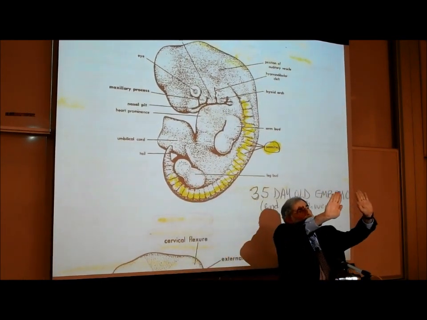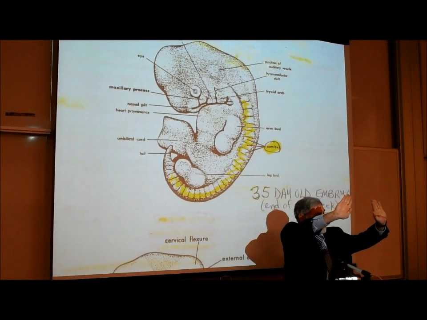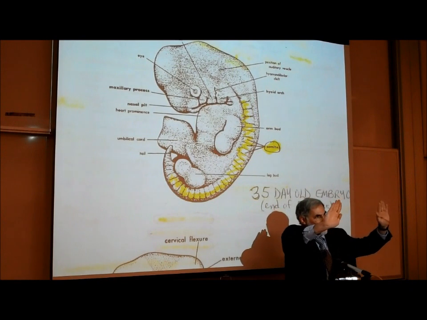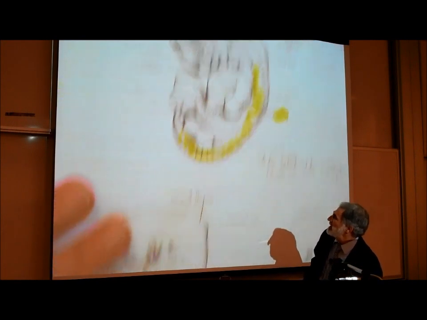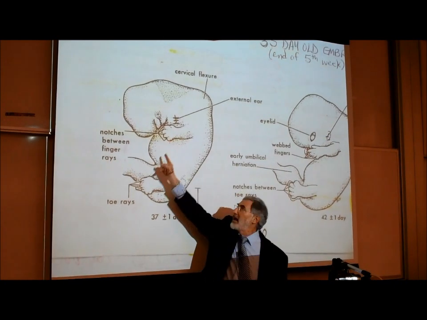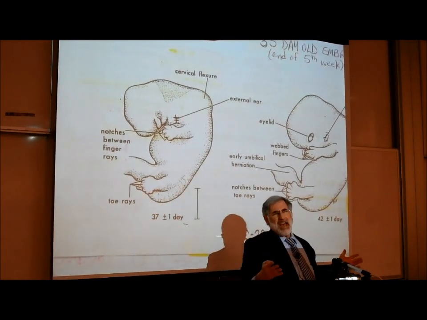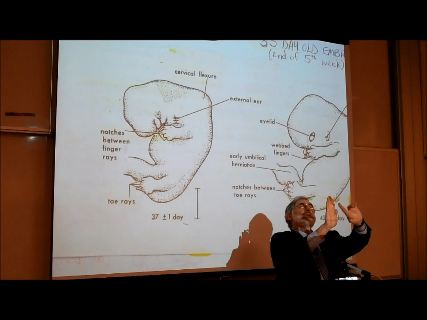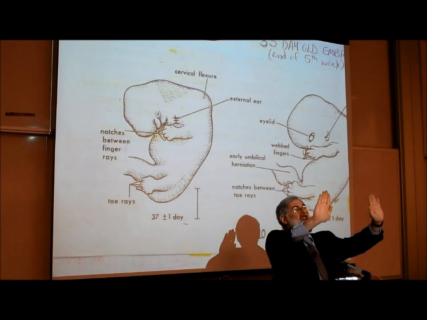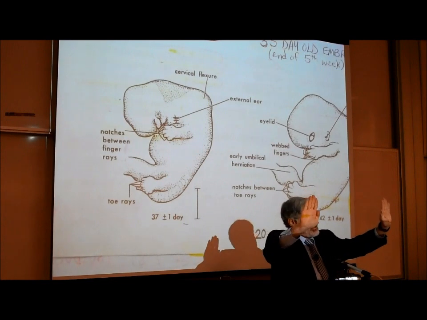The hands and feet start out like paddles. There are no fingers or toes. It's all a solid mass of cells. And in fact, if we look down here, you're starting to see fingers and toes form. So how do they form? Literally, there are vertical columns of cells that are genetically programmed to commit suicide.